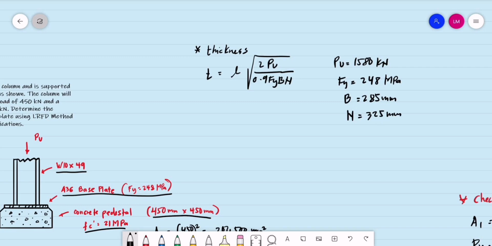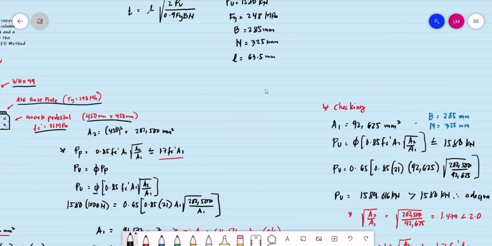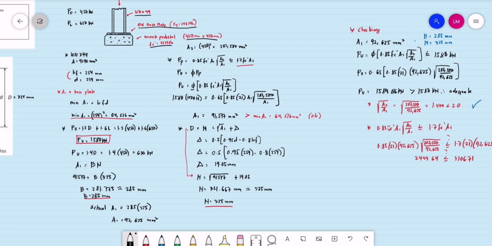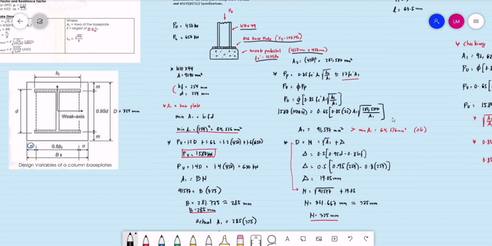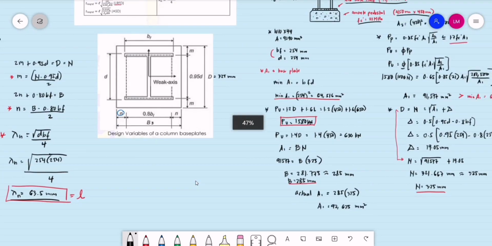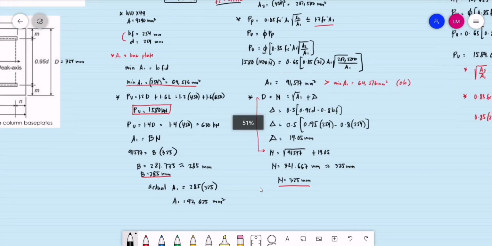And L, the largest of M, N, and lambda sub N, is equal to 63.5 mm. So these are the givens necessary for our computation of the thickness: 63.5, 325, 285.